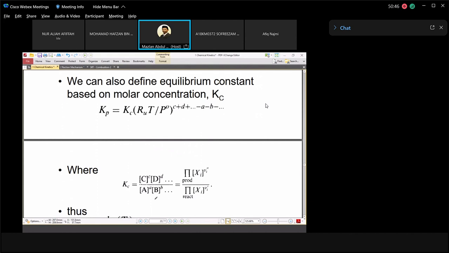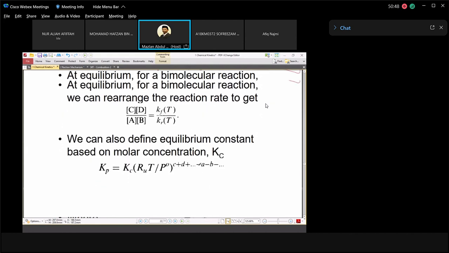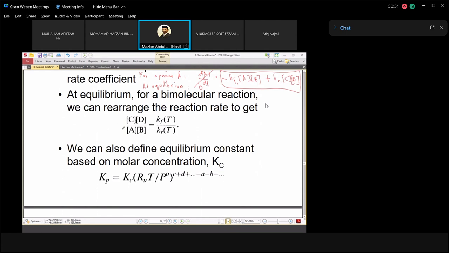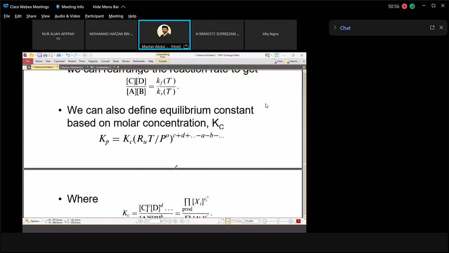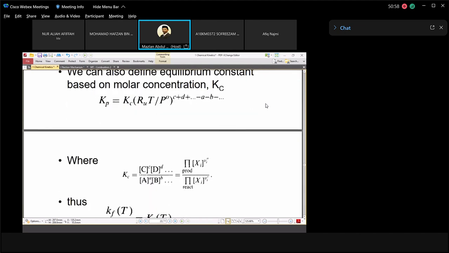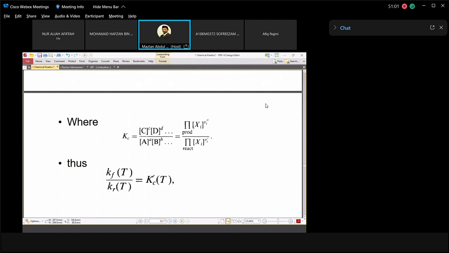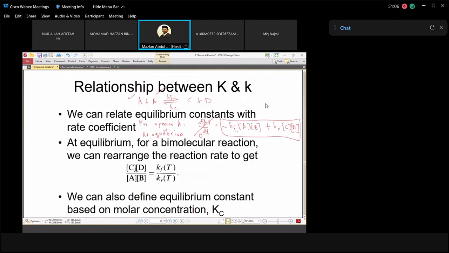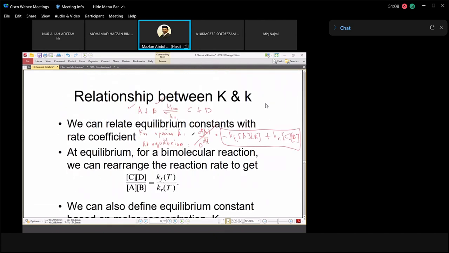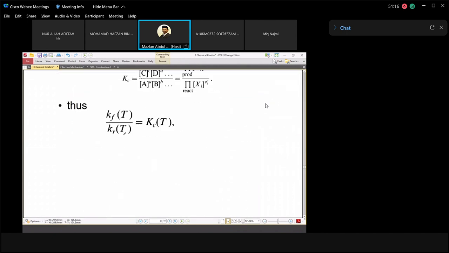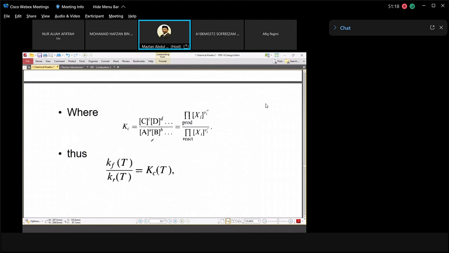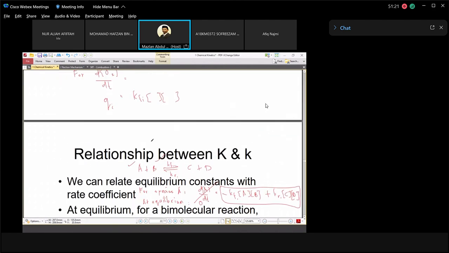Therefore this one is equivalent to Kc, and this one is equivalent to KF over KR. Just rewrite. This is the equilibrium constant. The capital one is the equilibrium constant. The small one is the rate of reaction, forward and reverse. This is true for a bimolecular reaction.